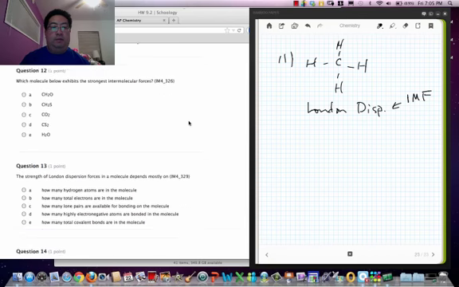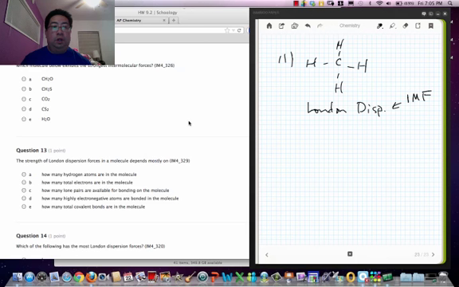And then for 12, which molecule below exhibits the strongest intermolecular force? Well, for the first one, you have C, H, H, O. The CH bonds are nonpolar, but the O-C bond is polar.